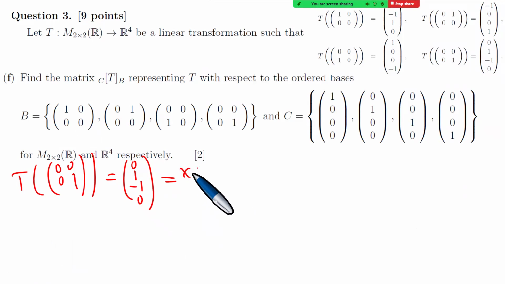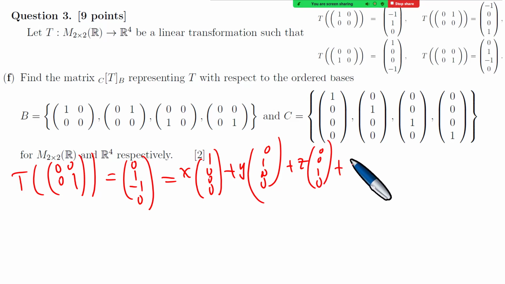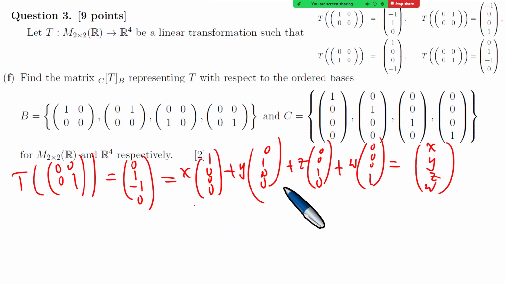So we can use X, Y, Z, W. So X into the first vector, Y into the second vector, Z, W. The rest are zeros of these things.